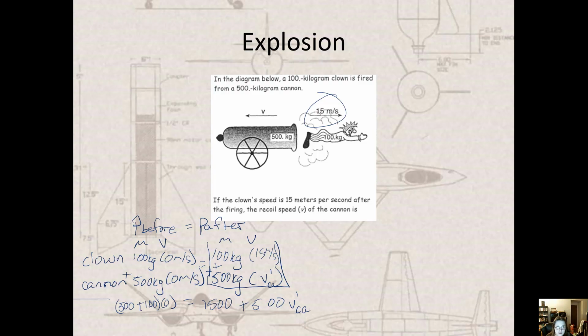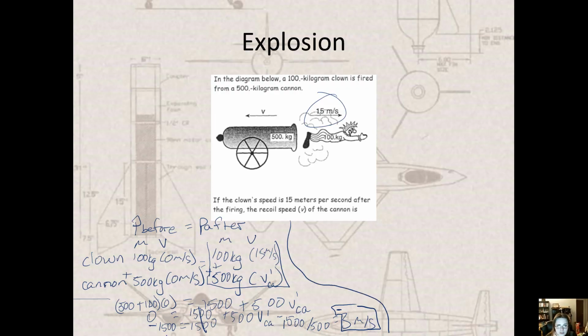Okay, so then it's going to be 0 is equal to 1500 plus 500 velocity prime of the cannon. So then minus 1500. Okay, this goes away. This is equal to that. So then it's negative 1500 divided by 500 is equal to negative 3 meters per second. And this is the answer here.